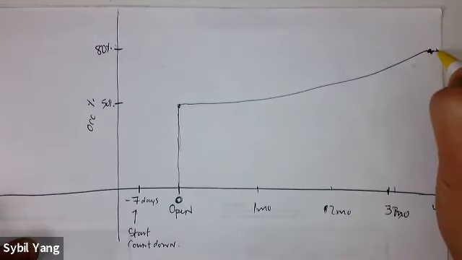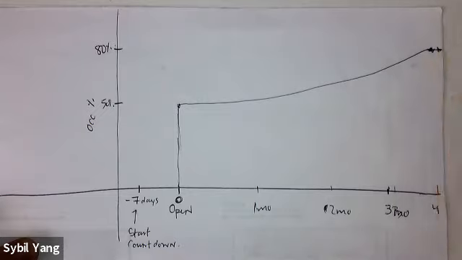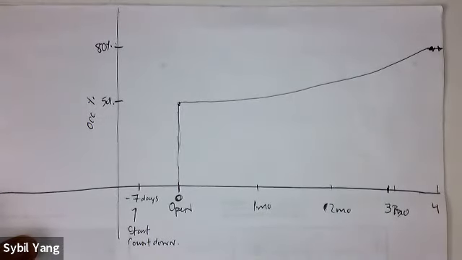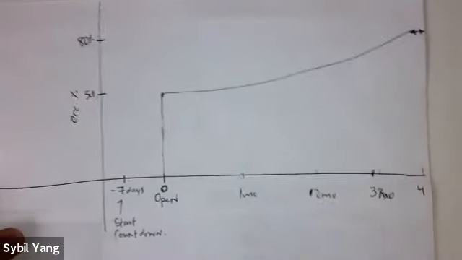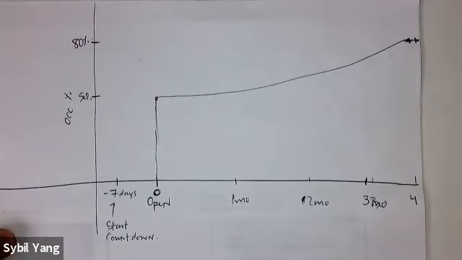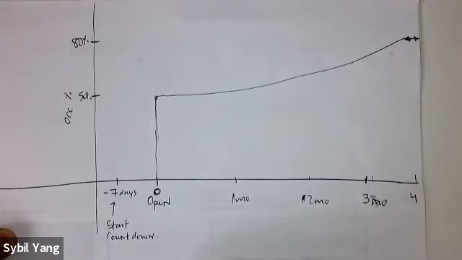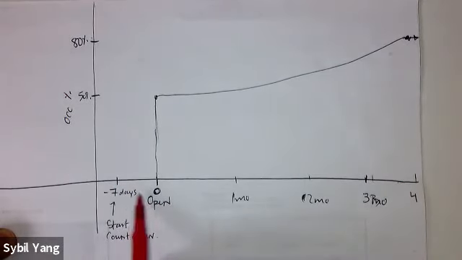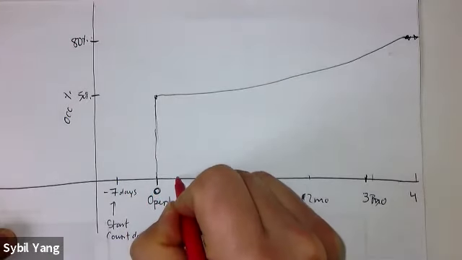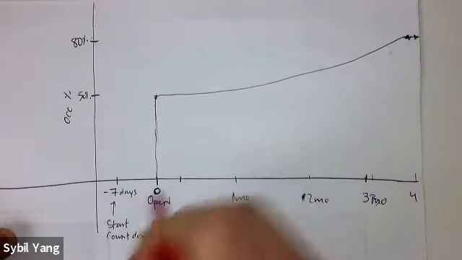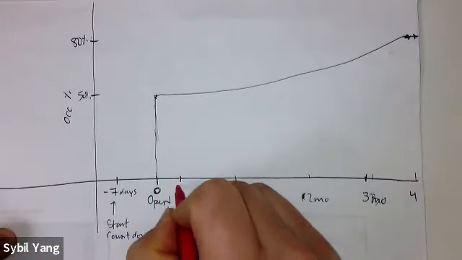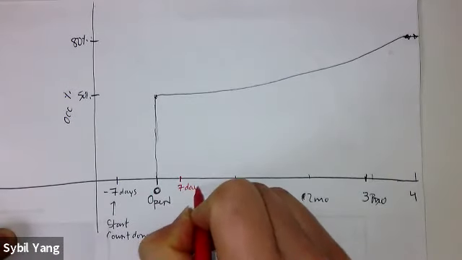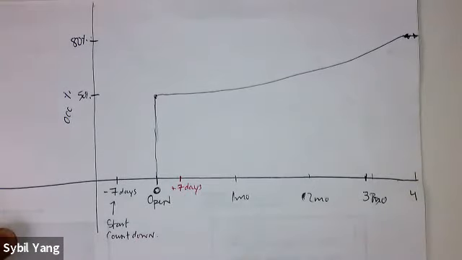And then from there, I'll just draw an arrow, we stabilize at whatever our full occupancy is. So conceptually, this is what a hotel opening would look like for us. Now, in the case, we're assuming that Millennium is willing to extend training for 7 more days, so plus 7 days.